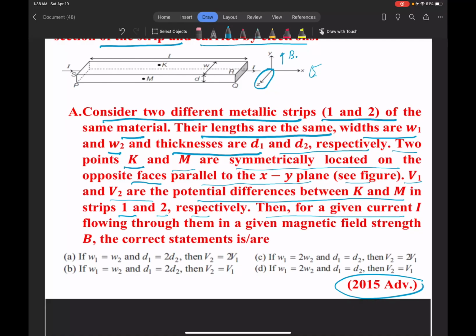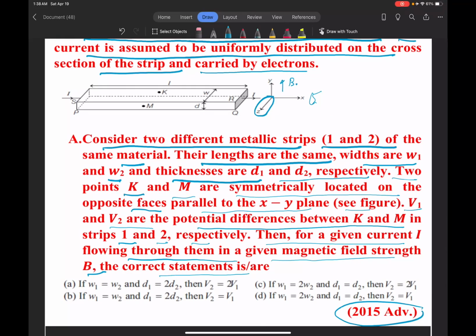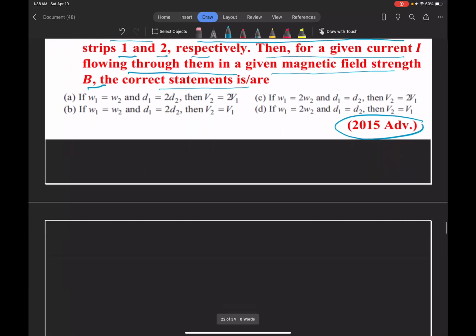Then for the given current I flowing through them in the given magnetic field strength B, the correct option is or are. In the figure, two points are marked, K and M, and they are symmetrical with each other. We have two strips whose length is the same whereas the width is different, and the potential difference between K and M is given as V1 and V2. Based on this, we are going to find out which option is correct.